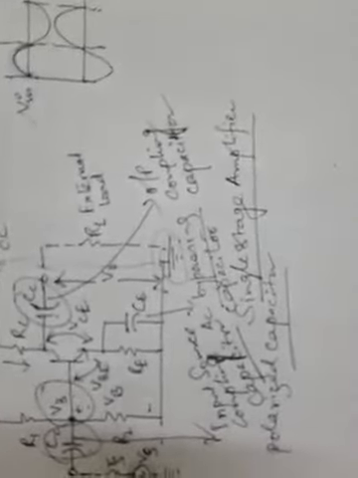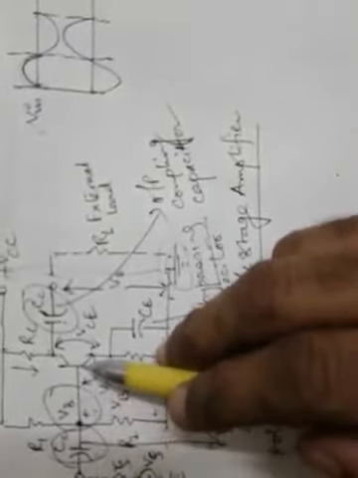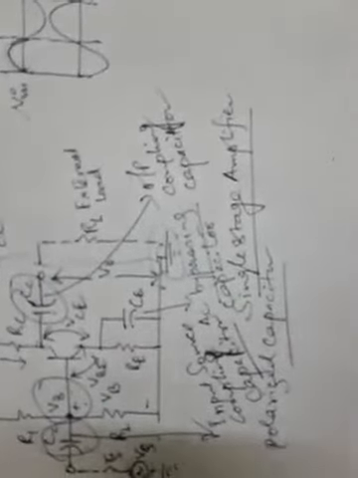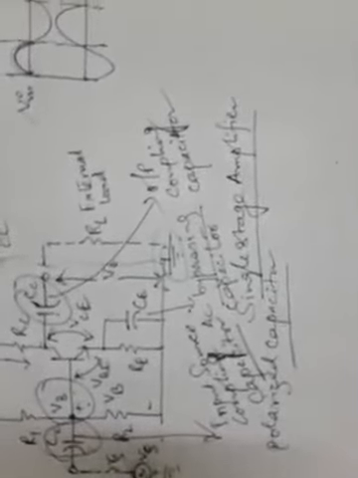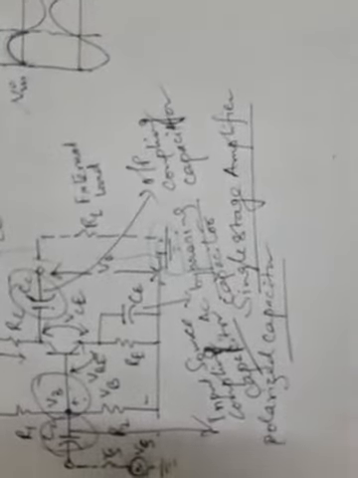Now if this total voltage increases, it will raise the level of IB. So the base current will increase, because VB will result in the flow of base current into the base, and if the base current increases, then IC will also increase, because IB and IC are related by beta.